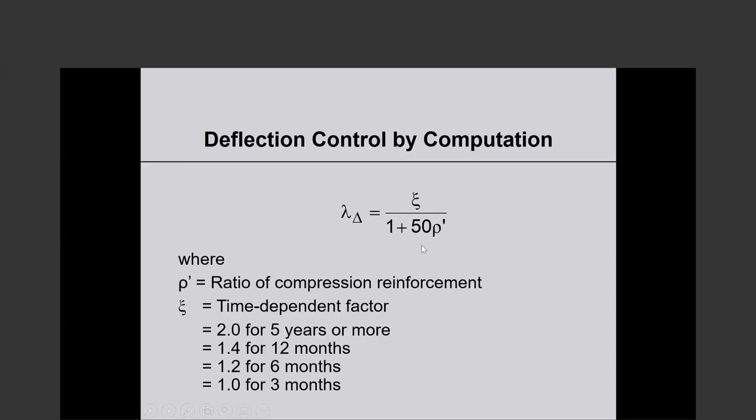The multiplier is a function of the compression reinforcement ratio, because it is an established fact that if you have more compression reinforcement, that helps in relieving the effects of creep, and that decreases long-term deflections. This is why this is in the denominator.